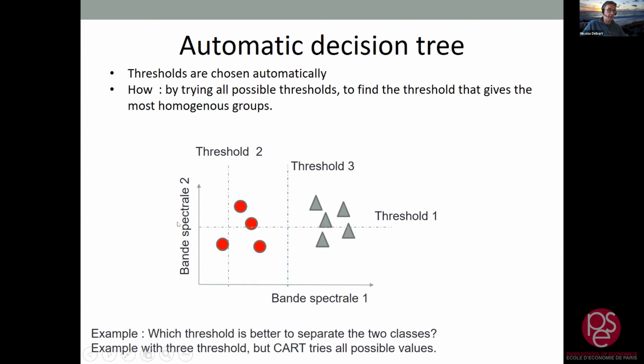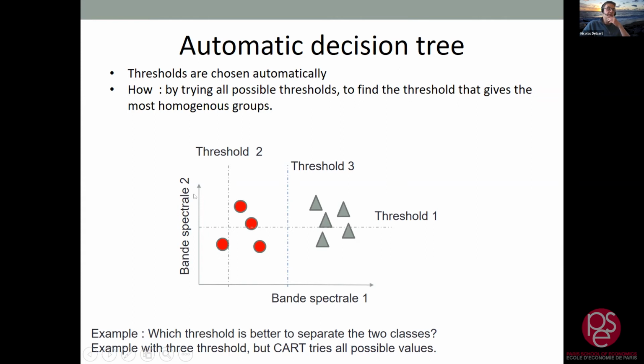One threshold here, but the threshold could also be located at this value, a bit more, etc. I take only 3 examples of threshold values in this graph, but all possible thresholds will be tested by the method in spectral band 1 and spectral band 2. All possible threshold values will be tested and compared in order to find which of these thresholds gives the most homogeneous groups.